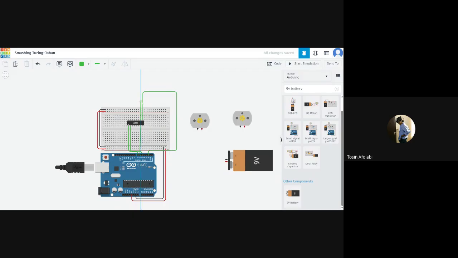Don't stress my life. So this is going to be 4. Then input 4 is going to pin 3. Sorry, input 3 is actually going to pin 4. Am I even right? Yes.